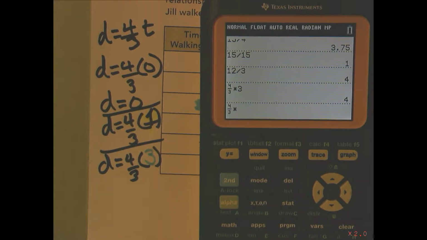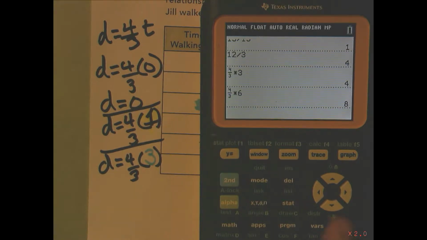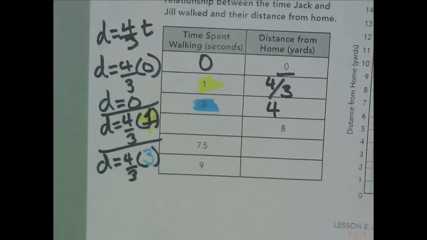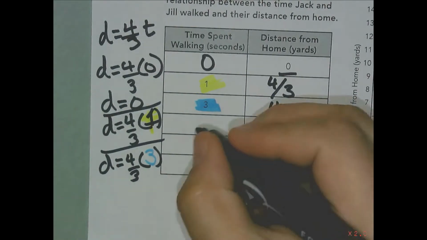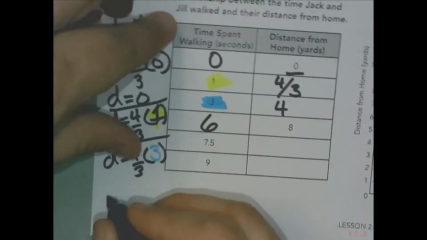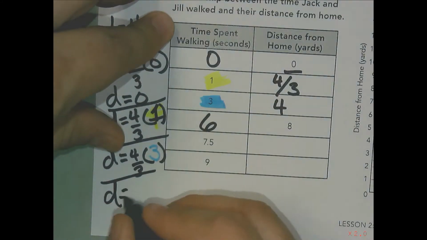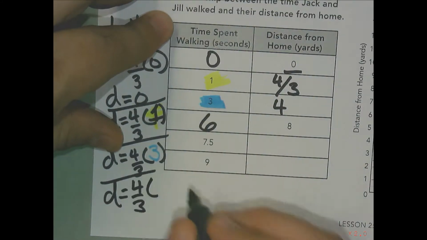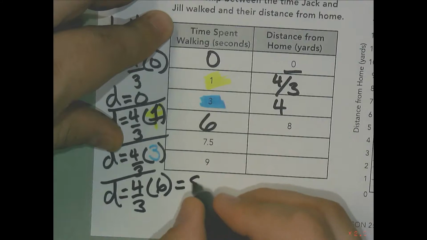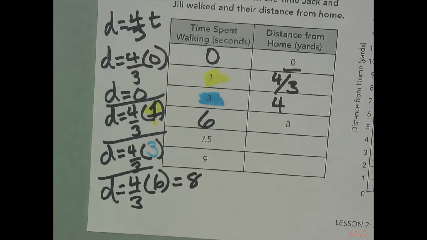We're guessing to see if it's 6. Okay, so it is 8. So when the time is 6 seconds, I get 8. In other words, d equals 4/3 times 6 equals 8.